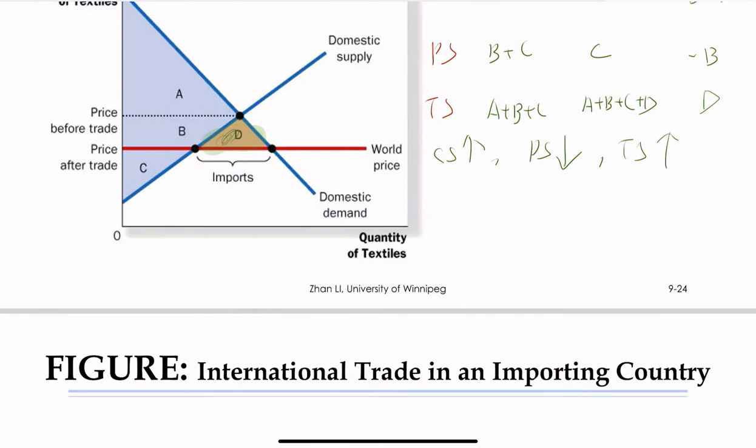Why do we have this? Well, the reason is because if you look at D here, this price here, the world price, is actually quite low. It is lower compared with these consumers. So if these consumers can make purchase at the world price, then they will actually be better off, right?